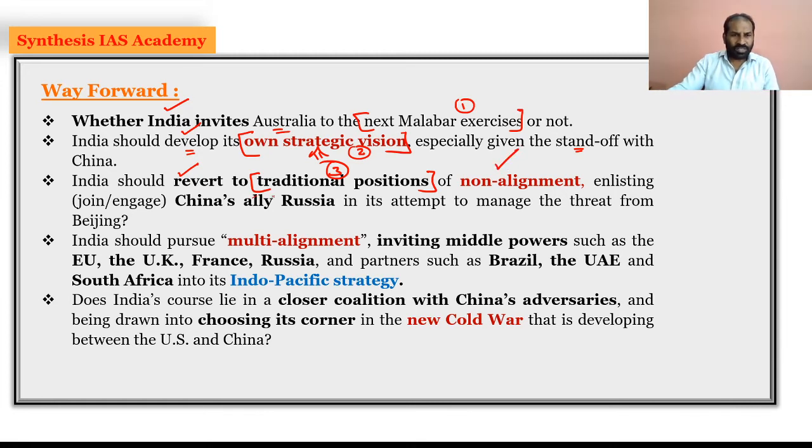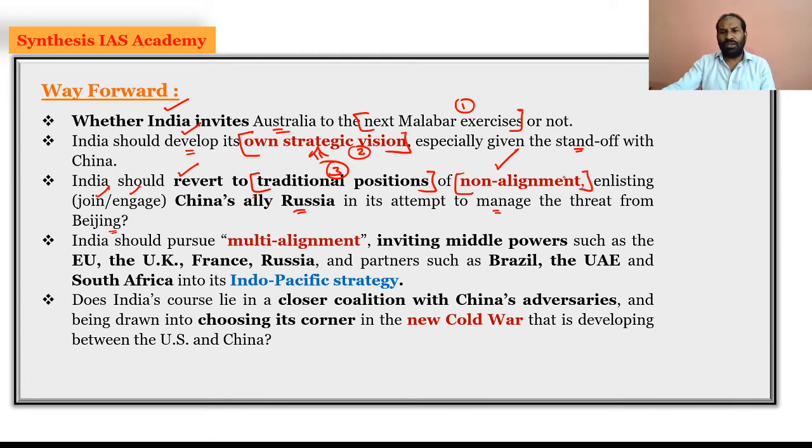Why? Because it means enlisting, that is, joining or engaging Russia, the Chinese ally, the friend of China, in attempting to manage the threat from Beijing. So if we want to counter or overcome the threat from China, we need to get back to the traditional method or position of being non-aligned.